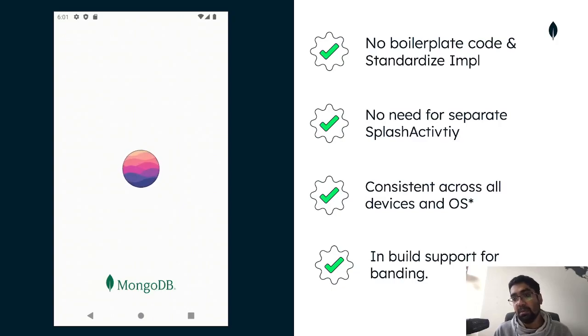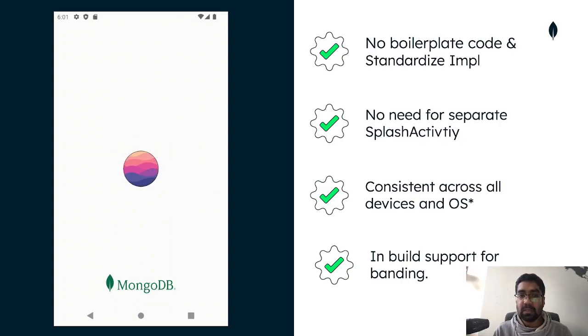You can delete your existing splash screen activity, and you can replace it with the splash screen API altogether. It is consistent across all OSs and devices. You get built-in branding support as well. So win-win for all, right?